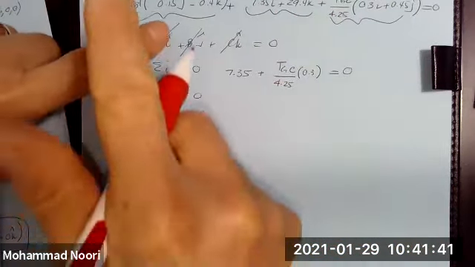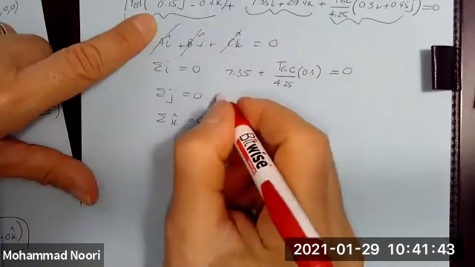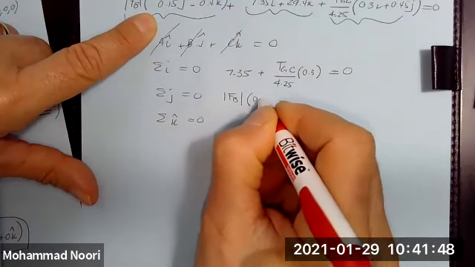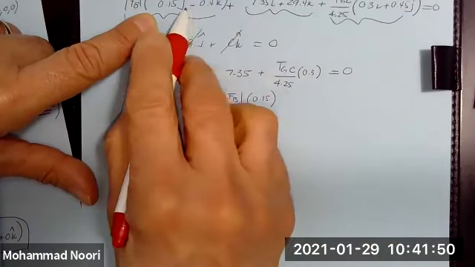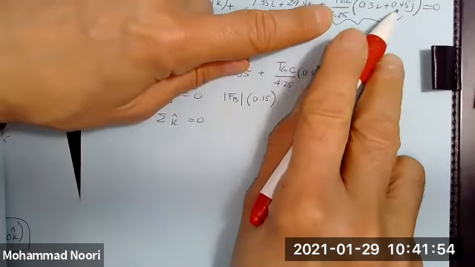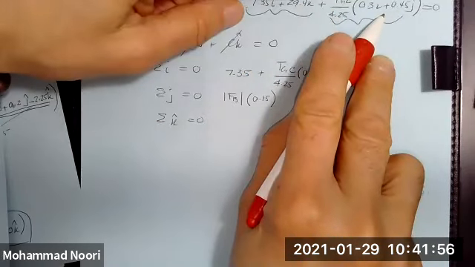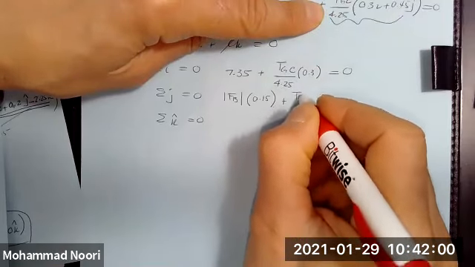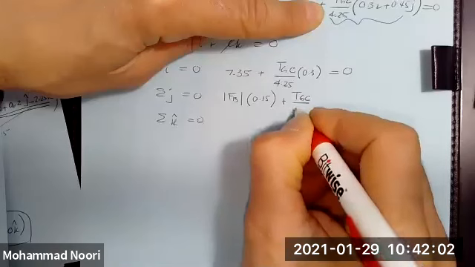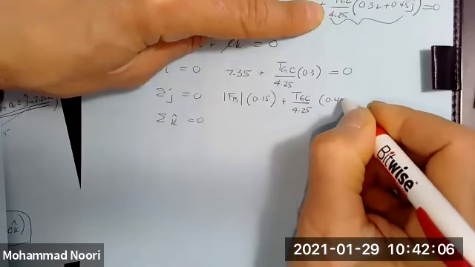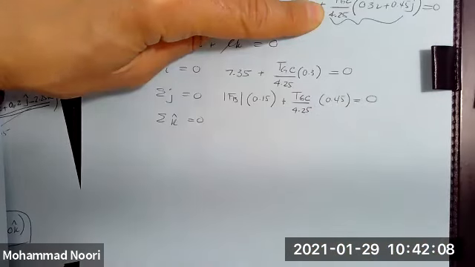Okay. How about J? Here I have J, I have FB times 0.15. Here I don't have J. Here I have a J. So I have plus TGC divided by 4.25 times 0.45 is equal to 0.